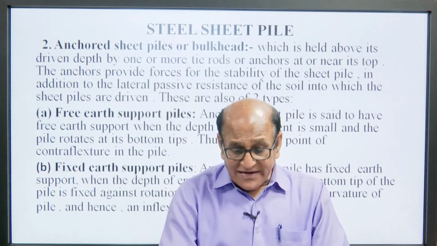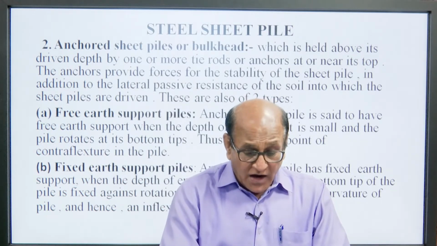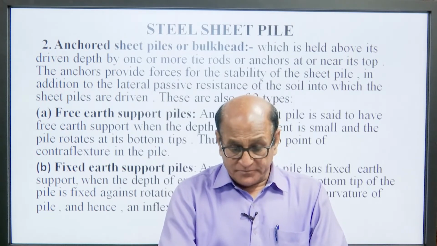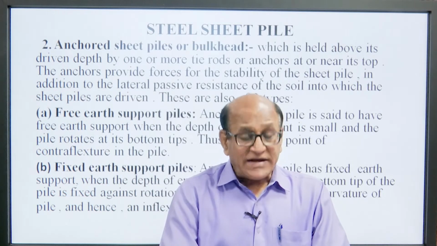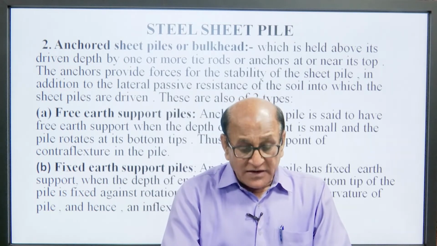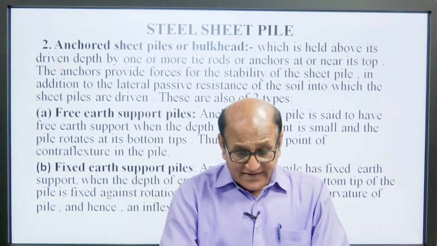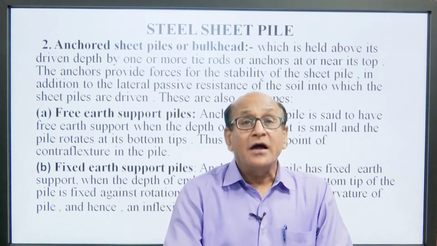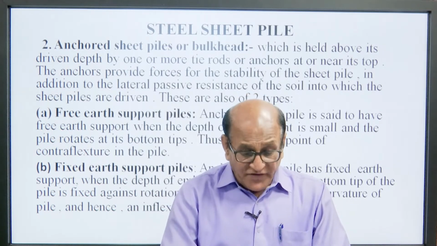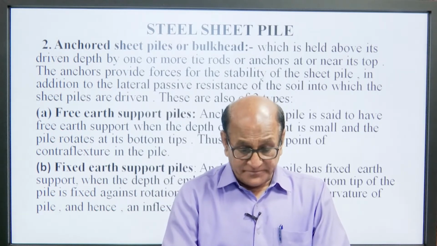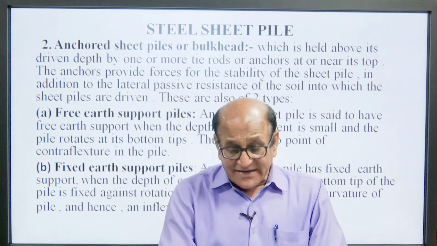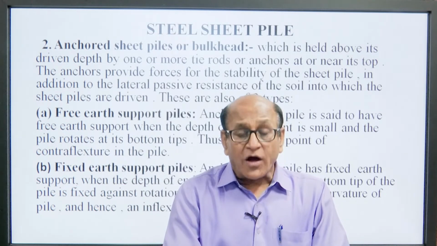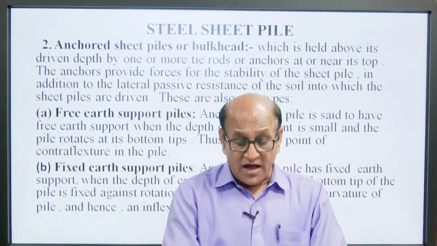The anchored sheet pile is said to have a free earth support when the depth of embedment is small and the pile rotates at its bottom tip. Thus, there is no point of contraflexure in the pile. Anchored sheet piles have fixed earth support when the depth of embedment is large.